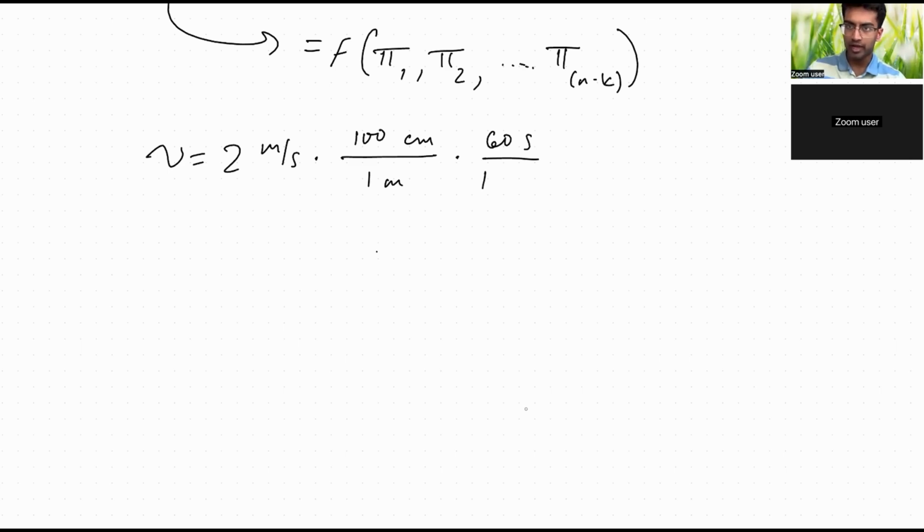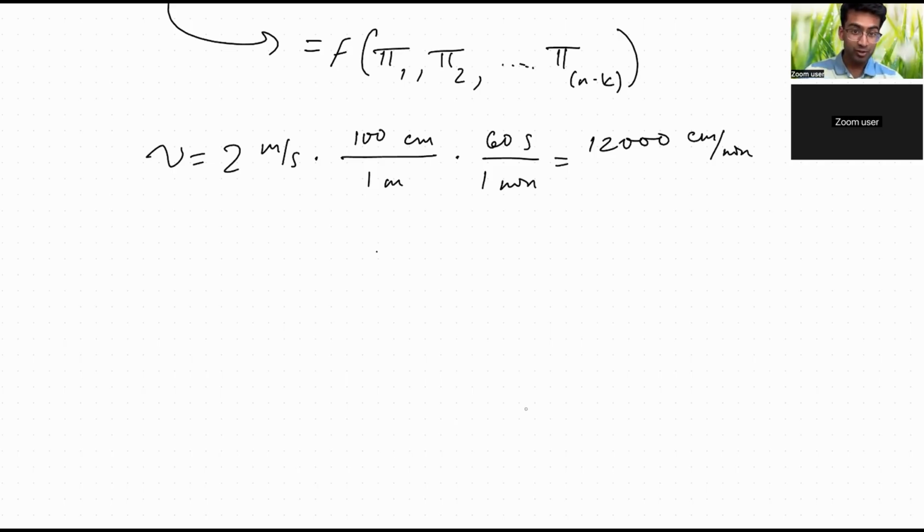And so then you can do the math, and you get 12,000, if I did my math right, 12,000 centimeters per minute, right? Very easy. We can do these unit conversions.